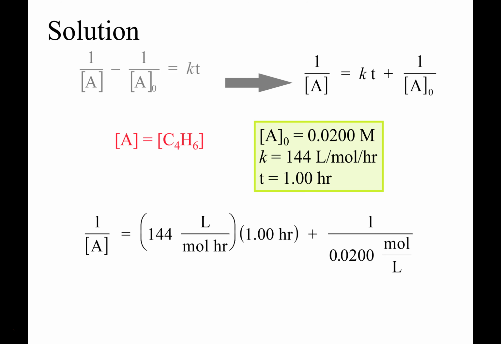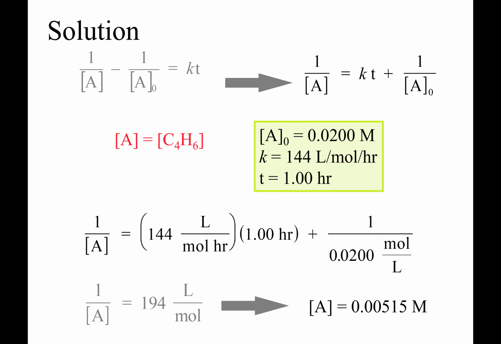Do the math, and you're actually going to come up with a number of 194. We're not done yet, though. That's 194 liters per mole. So if we want moles per liter, we have to go ahead and take the inverse of that.